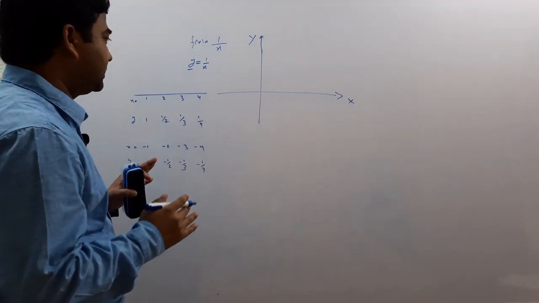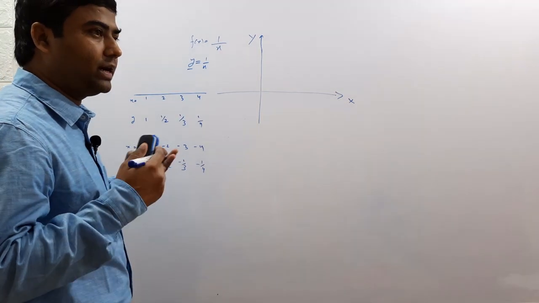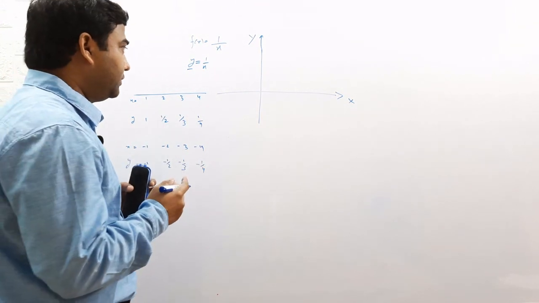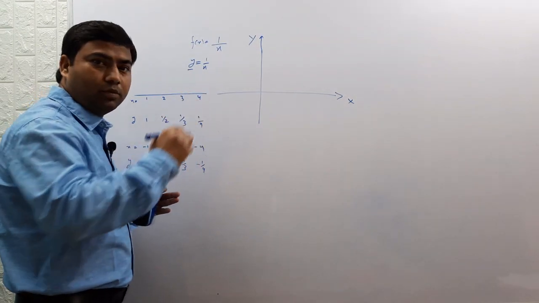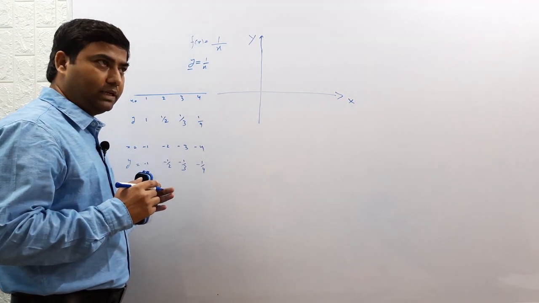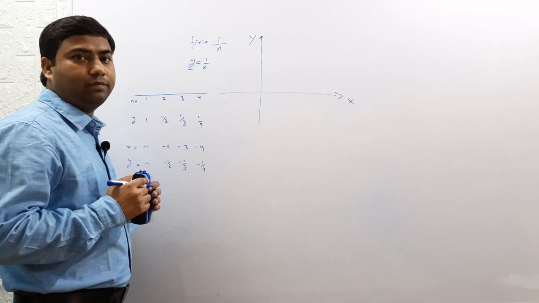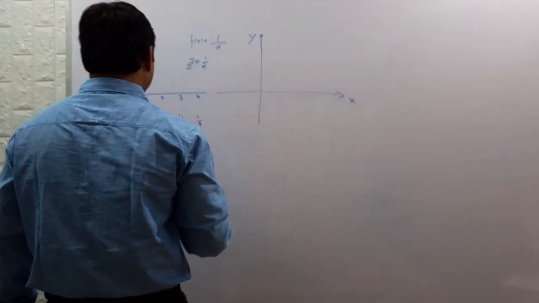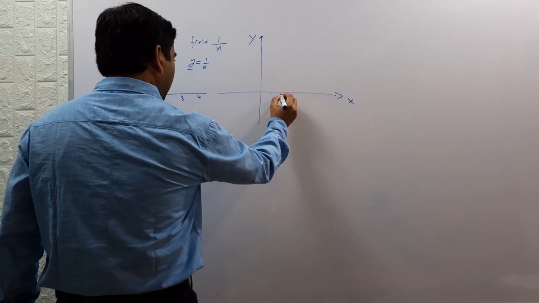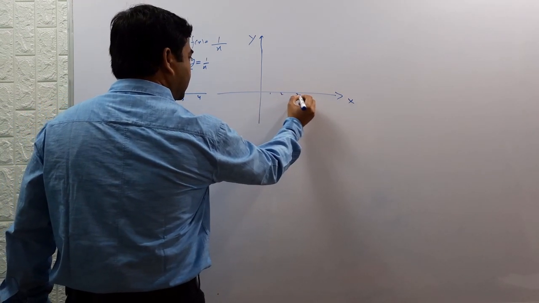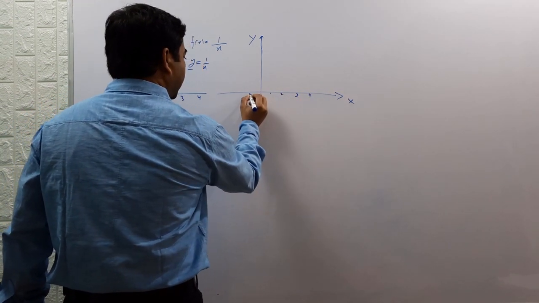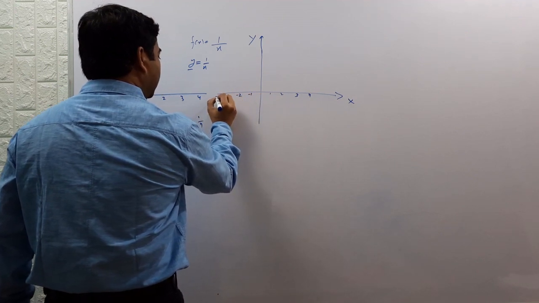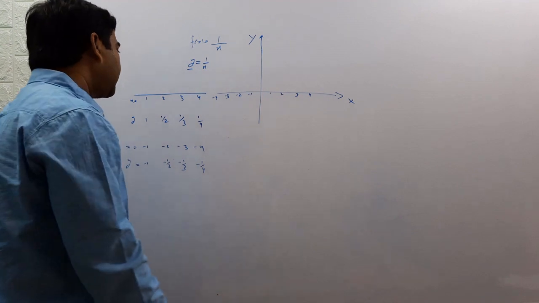To draw the functions, we find some points. When we join these points, we will get the approximate shape of the function. So let x be equal to 1, 2, 3, 4, and in the negative direction, minus 1, minus 2, minus 3, minus 4.